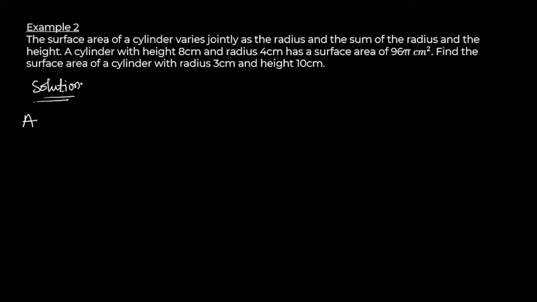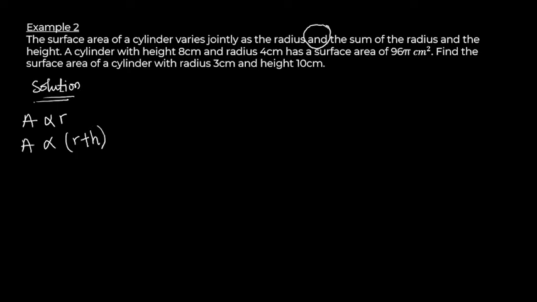So firstly, the surface area varies as the radius, and the 'and' breaks between the radius and the second quantity, the sum of the radius and the height. So the area also varies as the sum of the radius and the height of the cylinder.